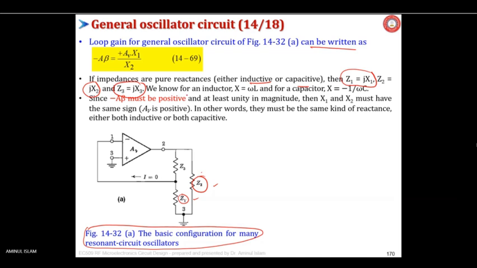We know for an inductor it is known to you, and for a capacitor it is minus 1 upon omega C. Since minus A beta must be positive and at least unity in magnitude, X1 and X2 must have the same sign, that is, AB positive. In other words, they must be the same kind of reactance, either inductive or capacitive. Is it understood?